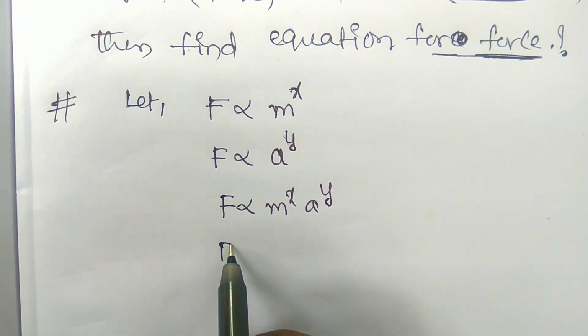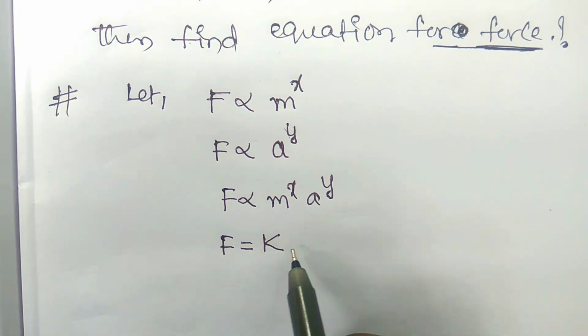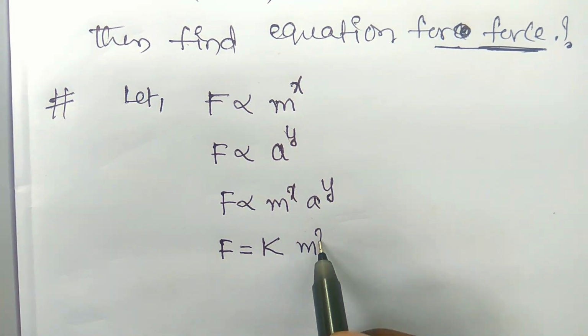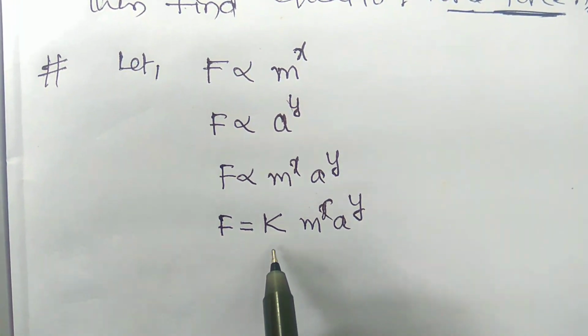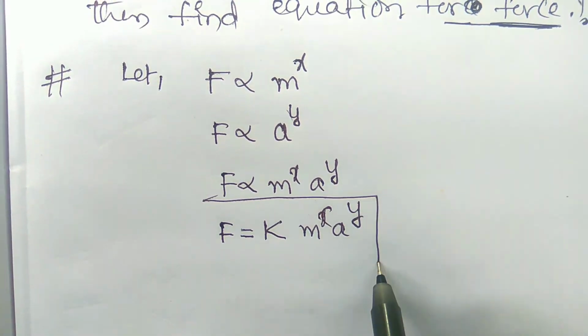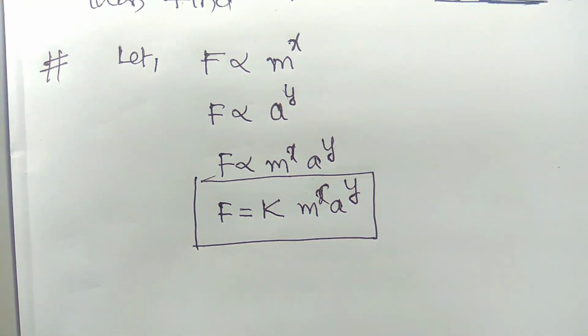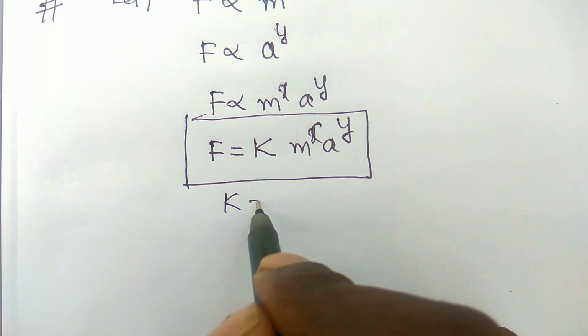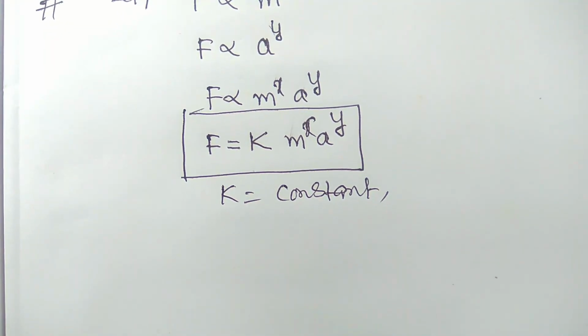And similarly, if proportional should be removed, then a constant should be added, that is k into m power x into a power y. So k is a constant, it has no dimensions. K is a dimensionless quantity, a constant value, whether 1 or 2 or 1 by 2, whatever it is.